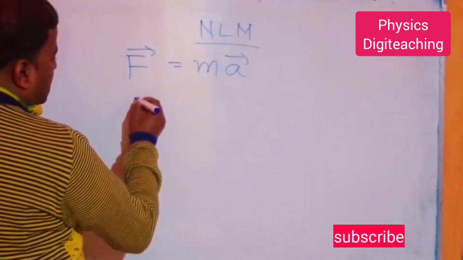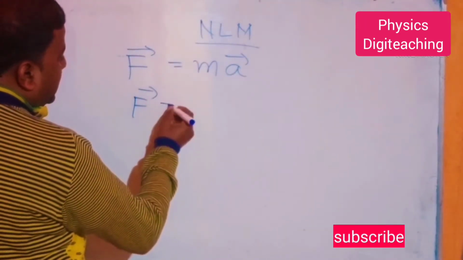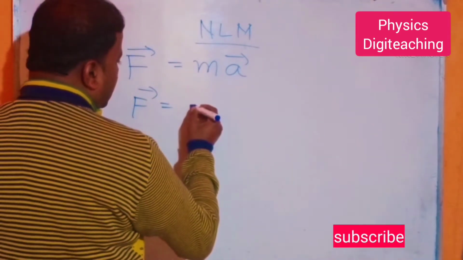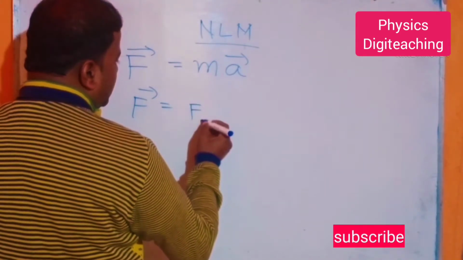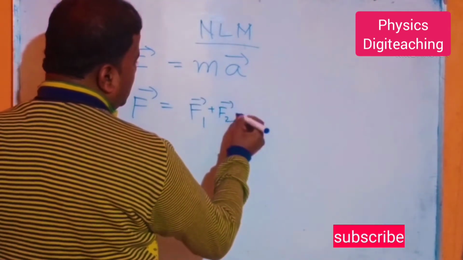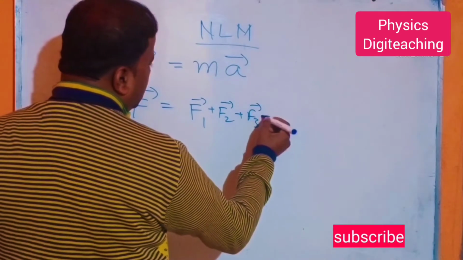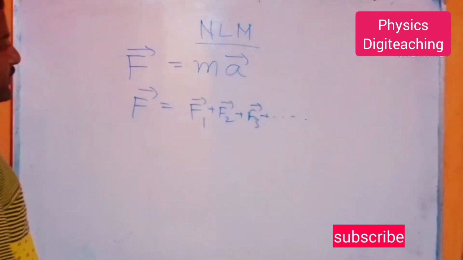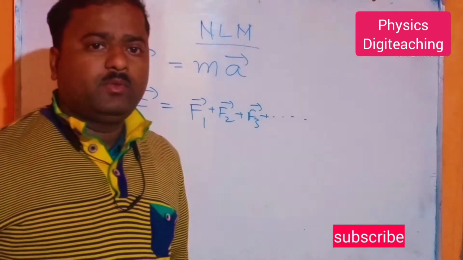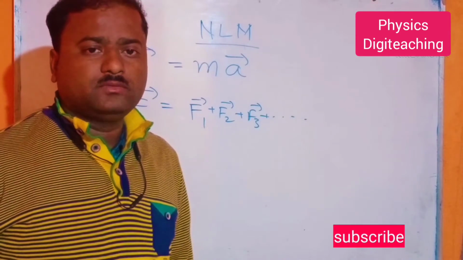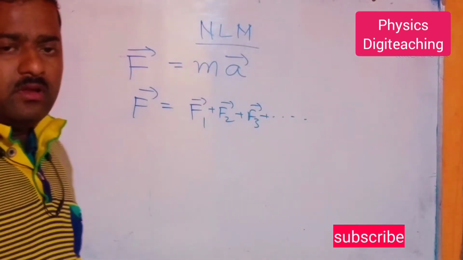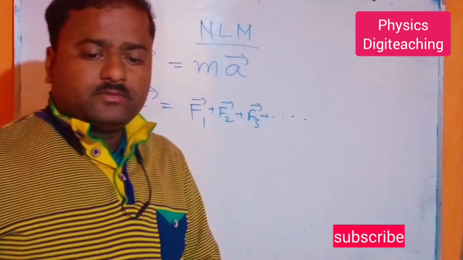Here the force F is the net force on the body, and this may be the resultant of many forces like F1 plus F2 plus F3 plus etc. This is the basic equation of Newton's law of motion. Now we will discuss different cases of motion.